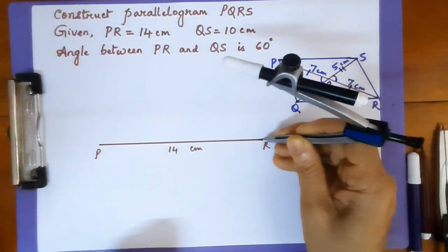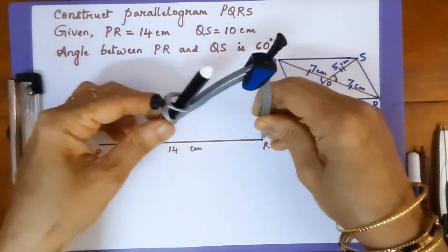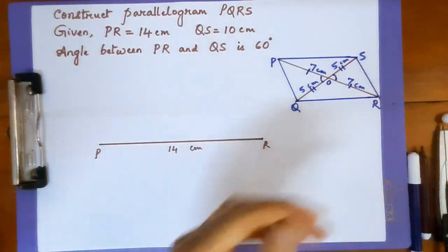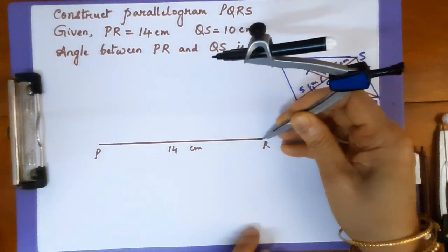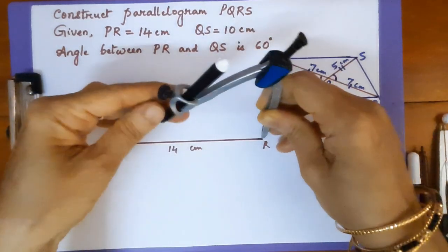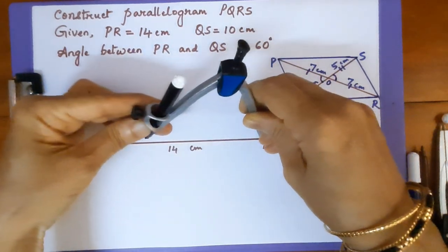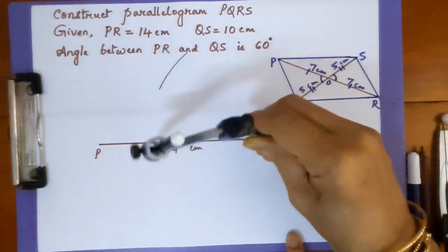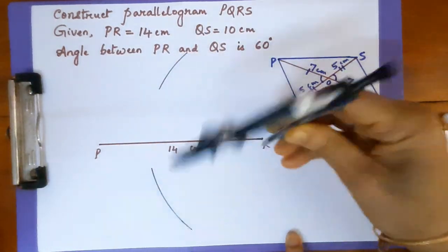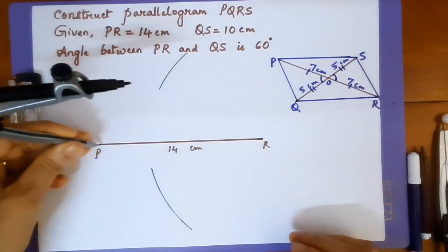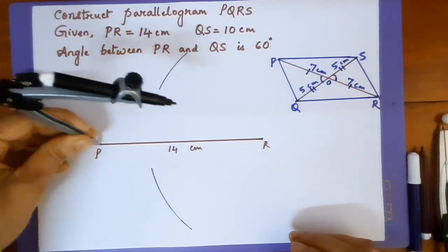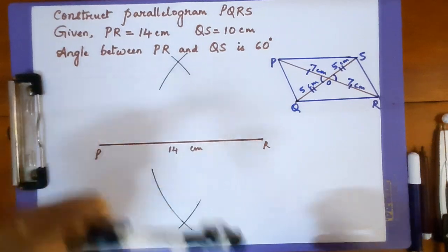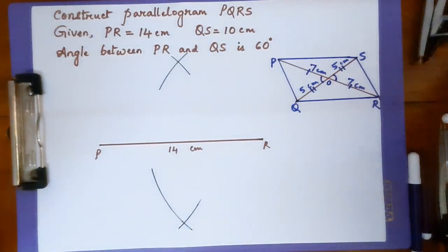Whenever we draw a bisector, take more than half of the line segment which has to be bisected and draw two arcs, one above and one below, once from P, once from R. So that is how the perpendicular bisector has to be drawn.